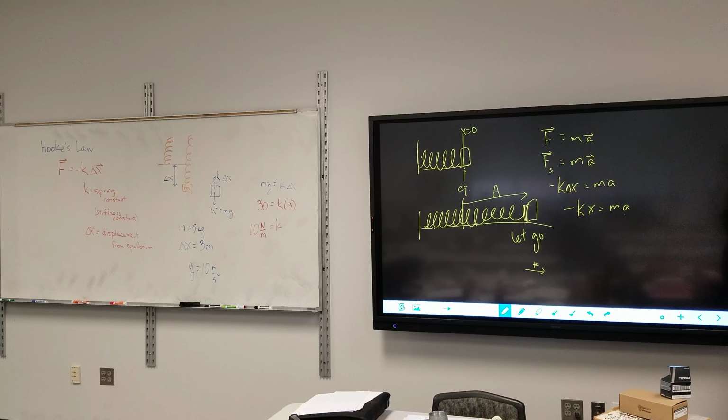Now, I know that acceleration is the change in velocity over the change in time. And I know that velocity is the change in position over the change in time.